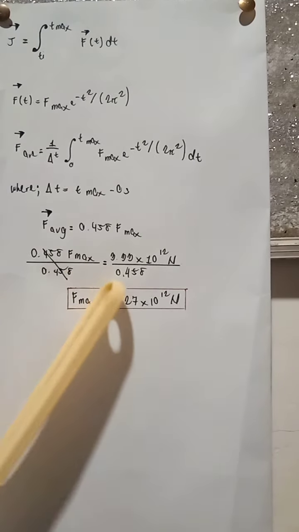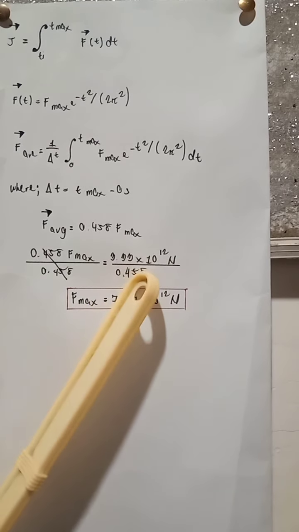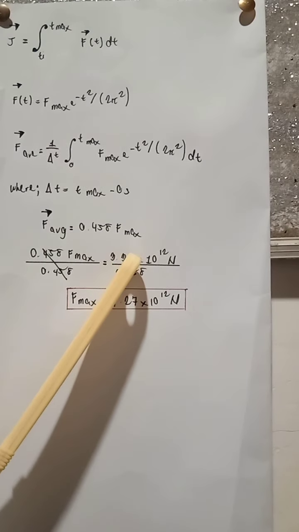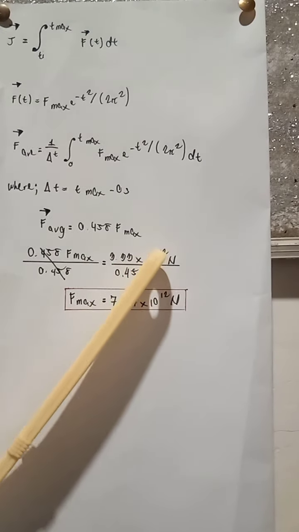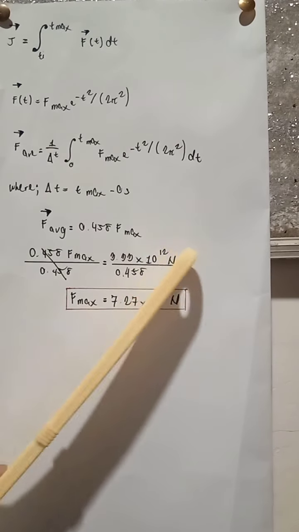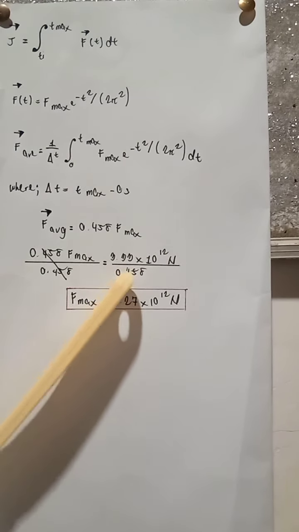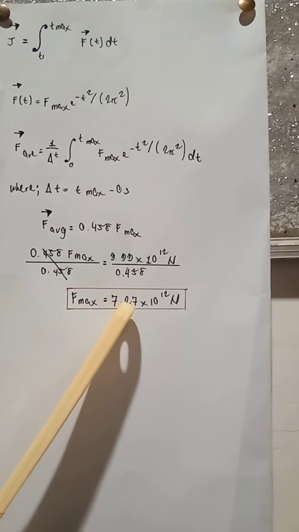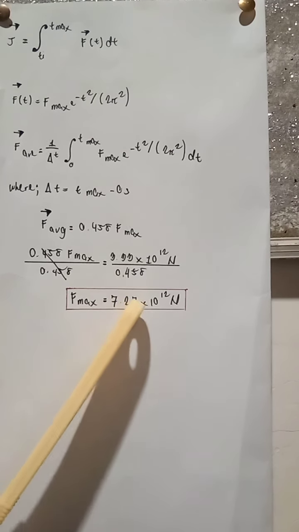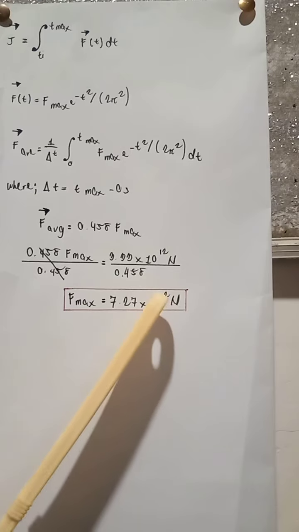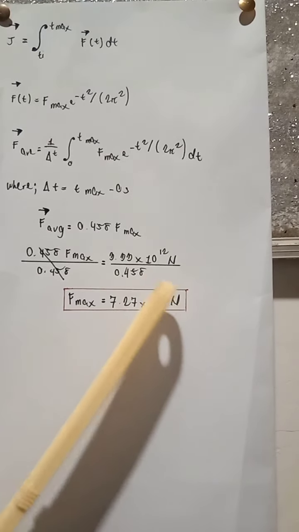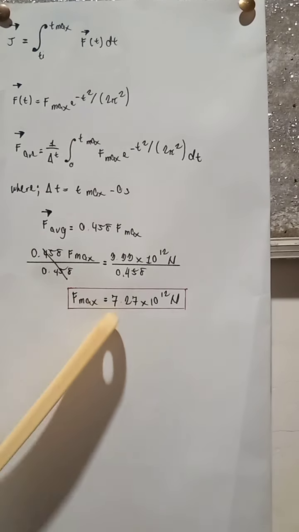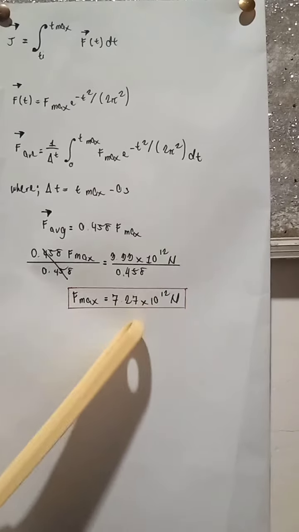So copy 0.458, equal to 3.33 times 10 raised to the power of 12 Newton over 0.458, which is equal to 7.27 times 10 raised to the power of 12 Newton. Then cancel out, what remains is F max. So that is our answer.